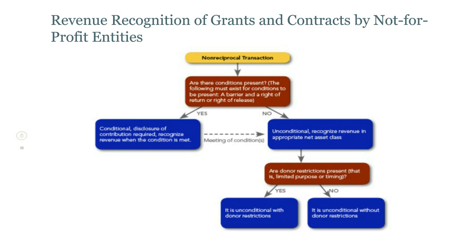So this exposure draft is pretty short and sweet, but if you have this situation where you're unsure if you've got a contribution or exchange transaction or a conditional contribution, hopefully this will provide a little more clarity, and then you'll know whether or not you have to go to that new revenue recognition guidance and deal with that.